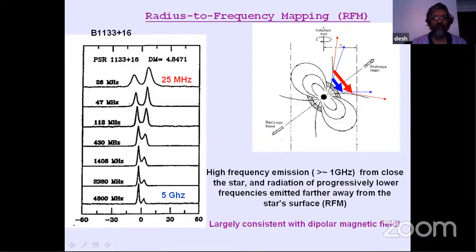The distance between you and the magnetic field is not changing, but the size of the cone, the radius of the circle, is changing. So effectively, you're cutting the inner parts as you go to lower and lower frequency, and you might begin to see the structure. So you can actually combine all this and even come up with a structure of the cone that might be consistent with these observations.